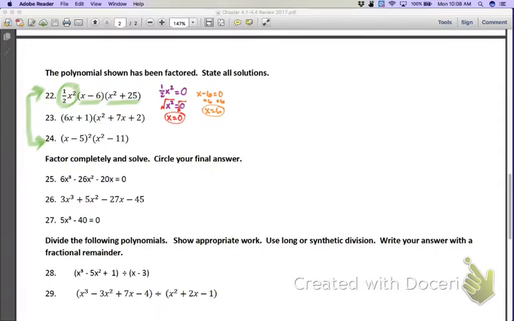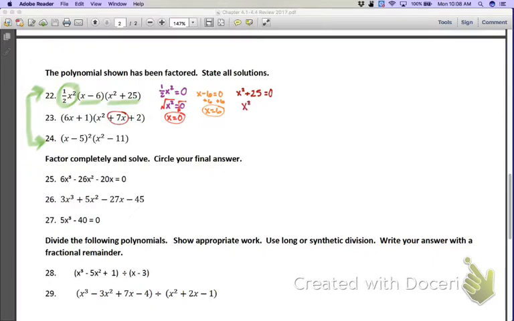You could do the quadratic formula with x squared plus 25. I would tell you, if you don't have an x term like you do on 22 or 23, then just take x squared plus 25 and set it equal to 0. How are we going to get x squared by itself?